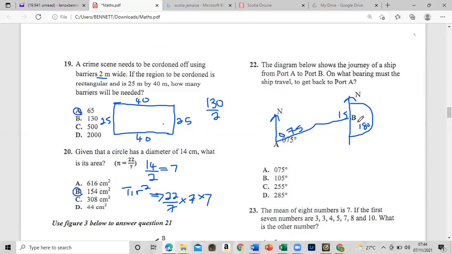So all of this should be 180. Right here is alternate to this, so this should be 75, because this angle right here is complementary to this.